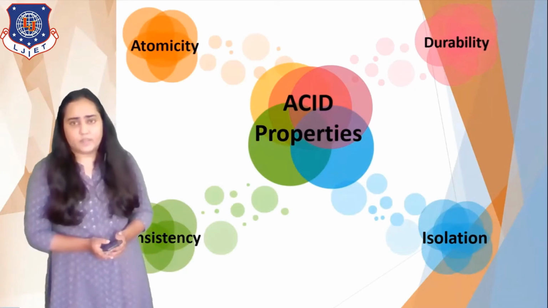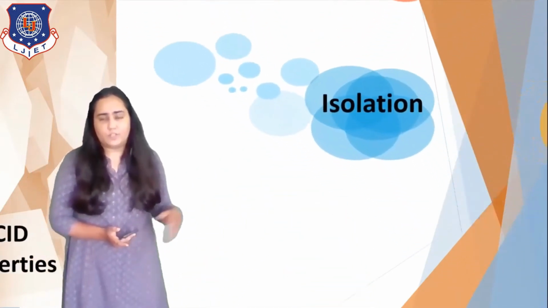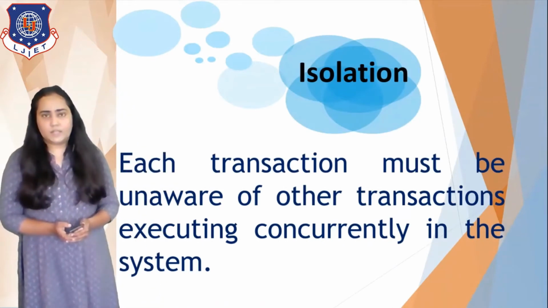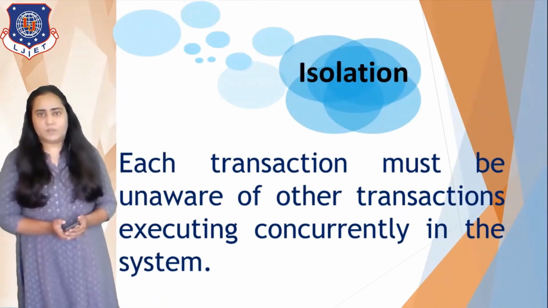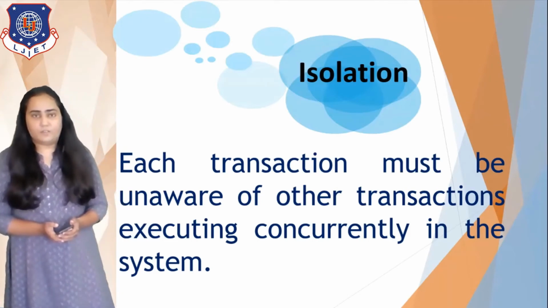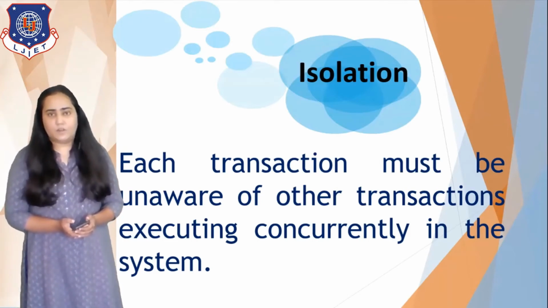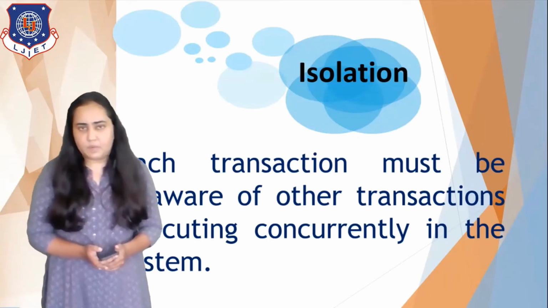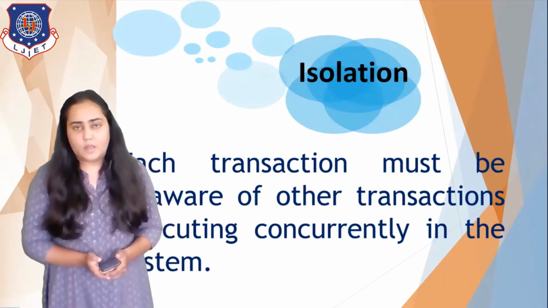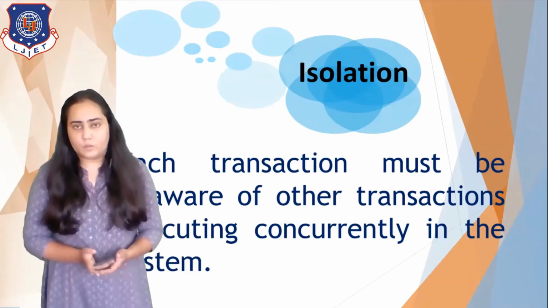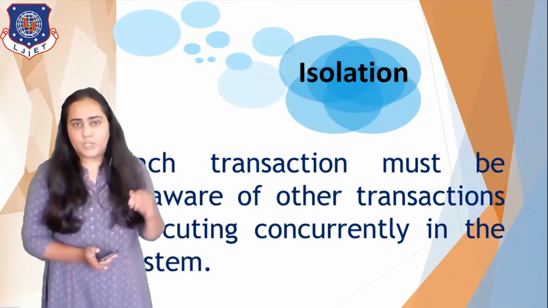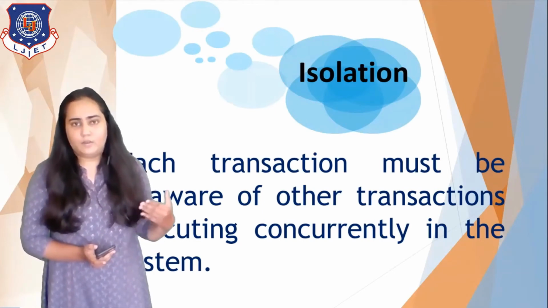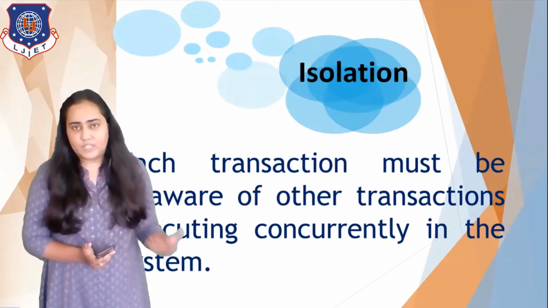Now let's take a look at the next property of transactions, which is called isolation. So isolation is where each transaction in the system is unaware of another transaction occurring concurrently. Now, obviously, transactions are not human beings, so they do not have the quality of being aware or not aware. But what I mean is, when you are doing a transaction, it could be in your banking system, or it could be any type of transaction, maybe booking of tickets.